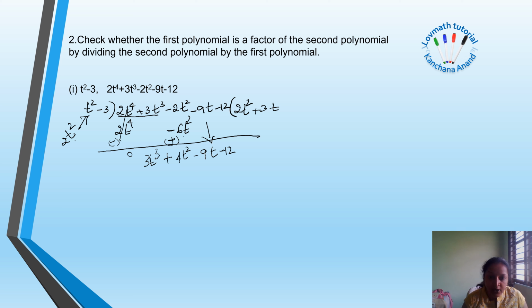When we multiply t square minus 3 by plus 3t, we will get 3t into t square is 3t cube and plus 3t into minus 3 is minus 3 threes are 9, 9t.